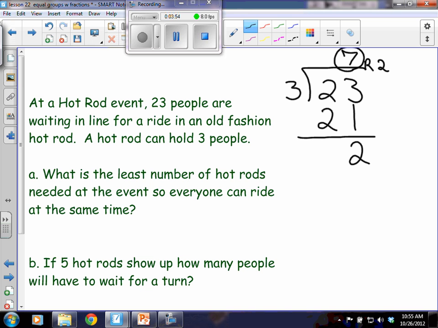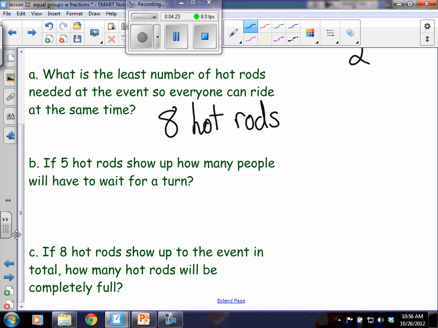But because we want everyone riding, we want these 2 people in a car also, which means even though 3 does not go into 23 evenly, we're actually going to need 8 hot rods so that everyone can ride. In this case, the last hot rod is only going to have 2 riders instead of 3 riders, though. So we have our first look at what's going on.